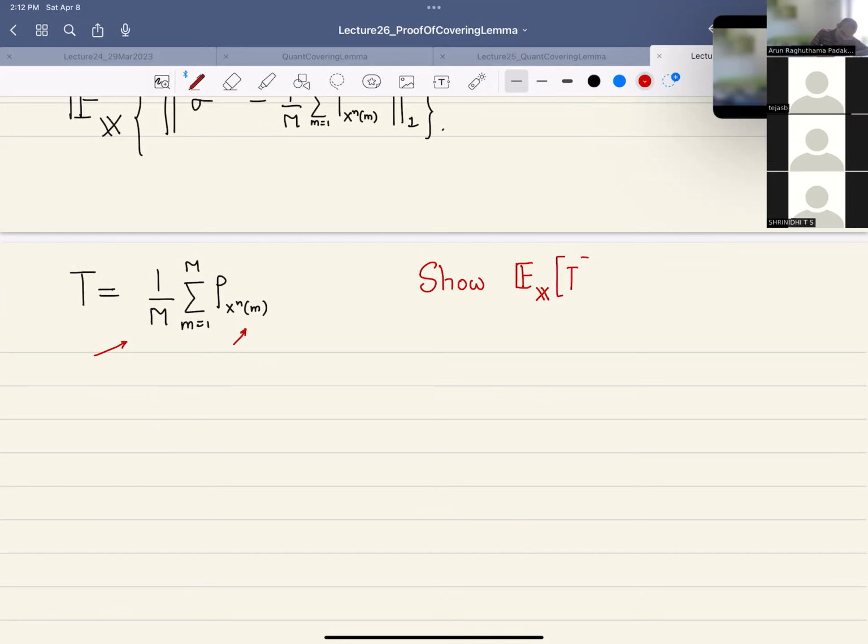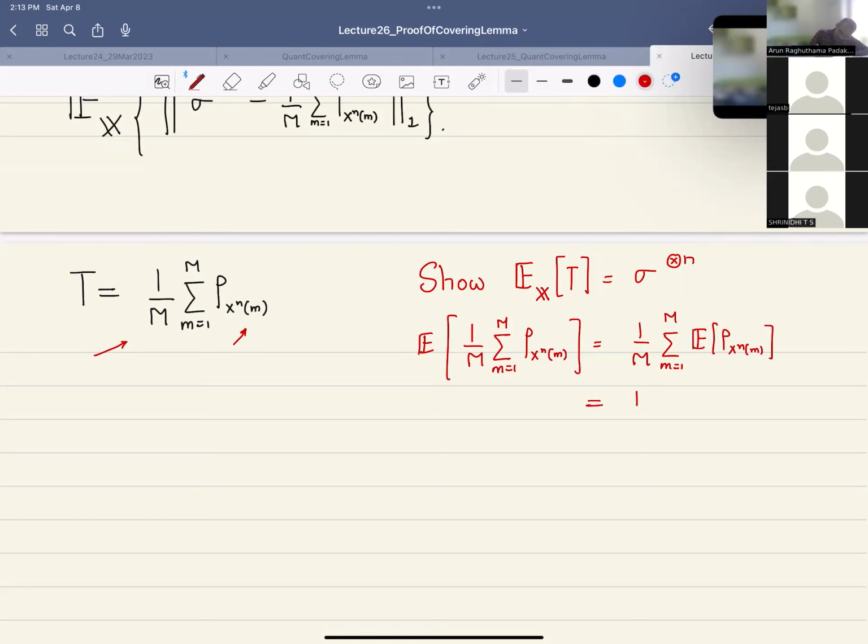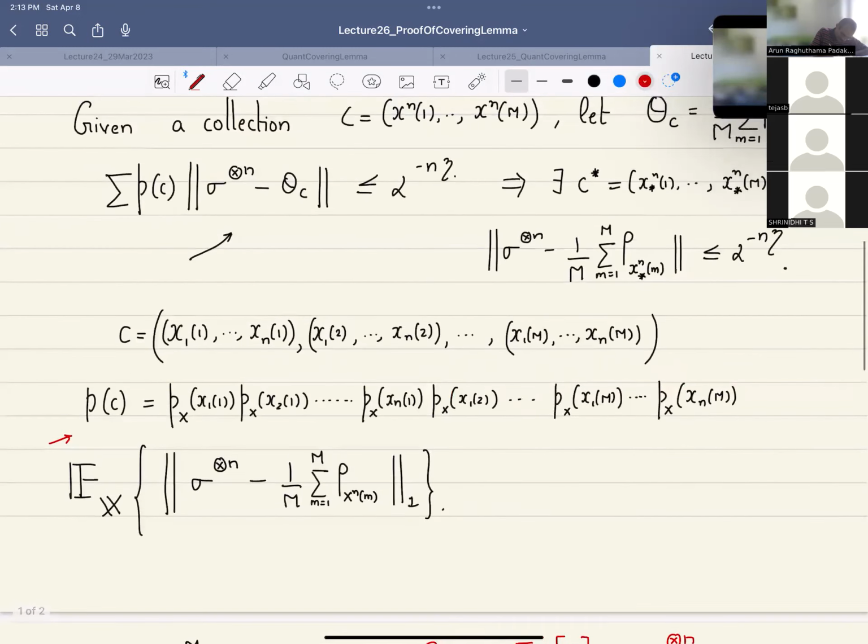You can show that the expected value of T is sigma tensor n. I'm going to do this problem because it's so very tempting for me to do. So the expectation of this is 1 by M, by linearity of expectation. This is the distribution of the entire collection, so you can ask, what is the marginal of the second guy?